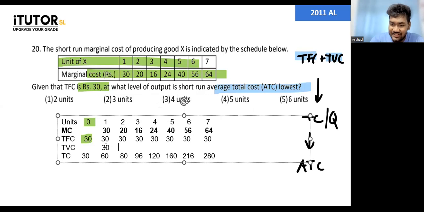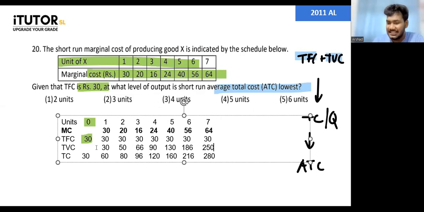Here it goes 50, right? Here 50 plus 16, 66. Here 66 plus 24, it goes to 90. Here it goes to 110, then 130. Then here it goes to 186, and here it goes to 250.